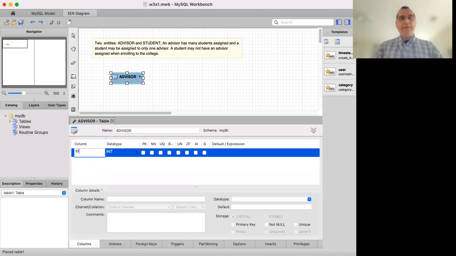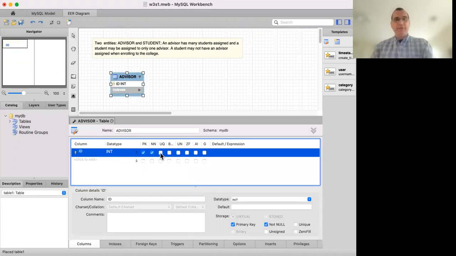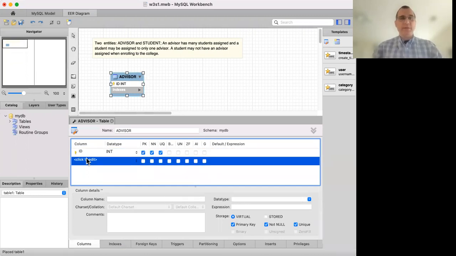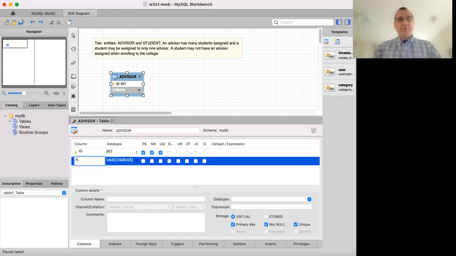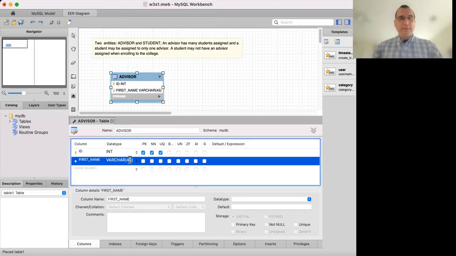I may have an ID or a code that will be the primary key, which is the typical way to keep persons in a database: you have a surrogate key or a real ID that you use. Then you will have first name, last name, and so on. I will just put first name to have another attribute, but not all the others. A varchar of 45 is a little too much, so I will put 25, or you may have other requirements. Again, I don't care much.